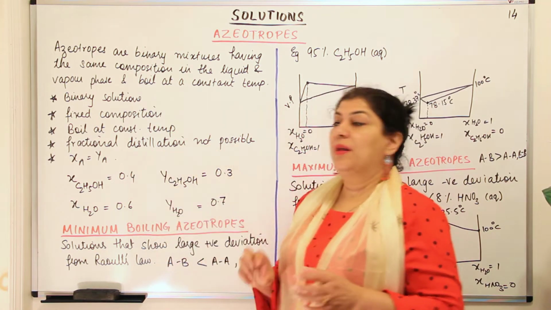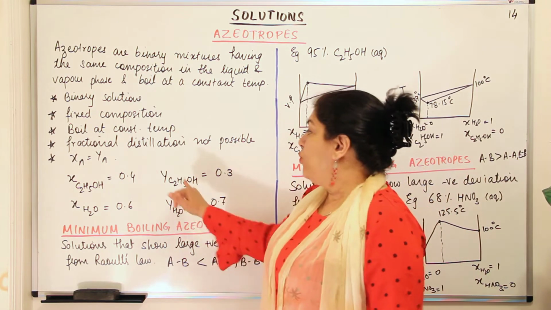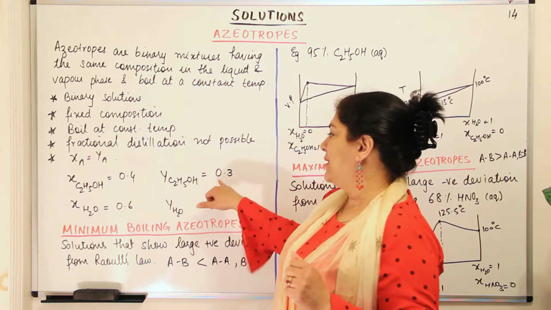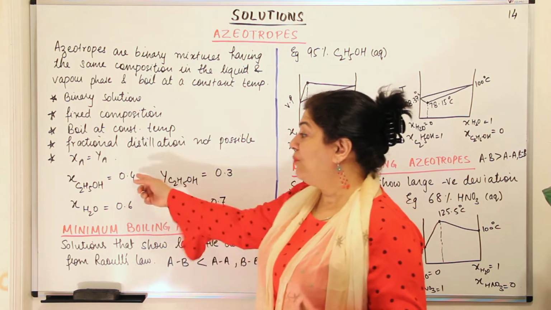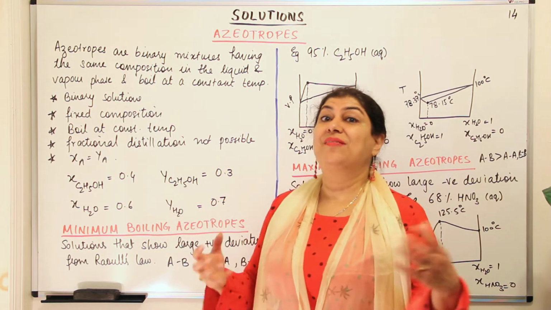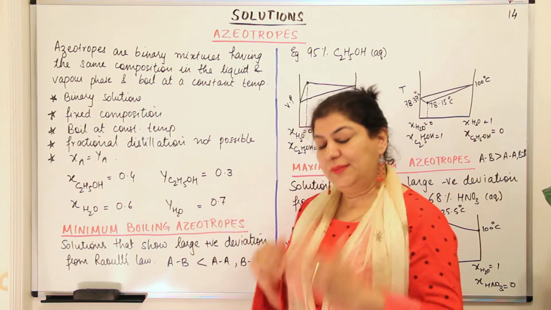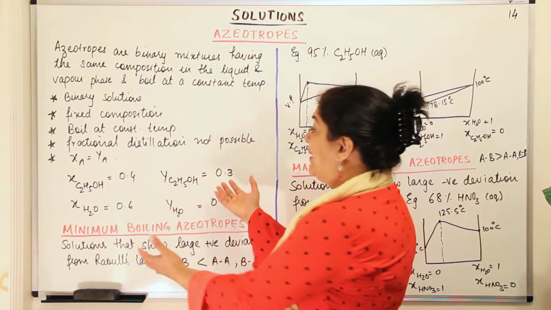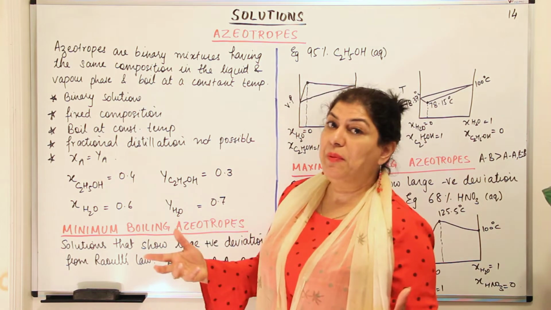This is the mole fraction of both the components in the liquid state. So what is the mole fraction of both of these components in the vapor state? Let us assume that it is 0.3 and 0.7. Now, the composition of both the components in the liquid state and the vapor state are different. For such a mixture, it is possible to separate it by fractional distillation.